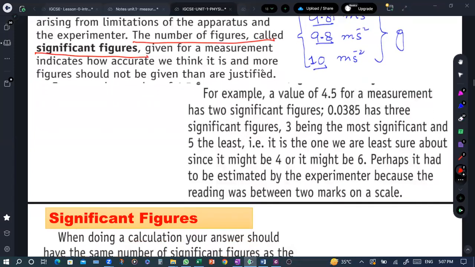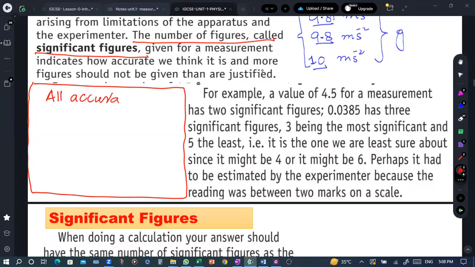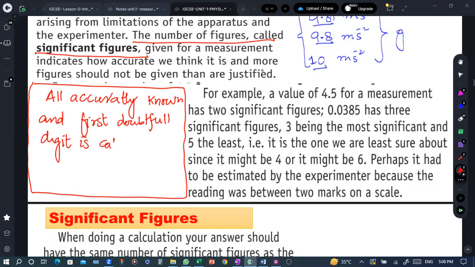So here I can write a proper definition for that. It will help you until your A levels: all accurately known digits and the first doubtful digit are called significant figures.